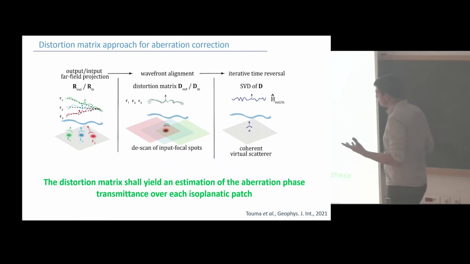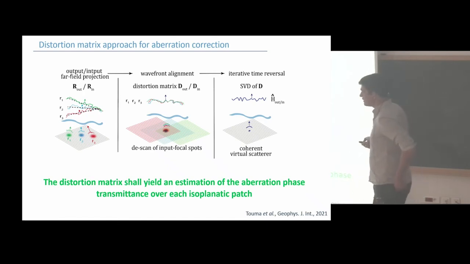Even if it's not completely true, because you also have lateral variation, as I will show you after, it's a very nice basis for seismic applications. So you have your matrix in the focus basis, you project one side in the plane wave basis, and you remove the tilt due to the geometrical focusing at different points.